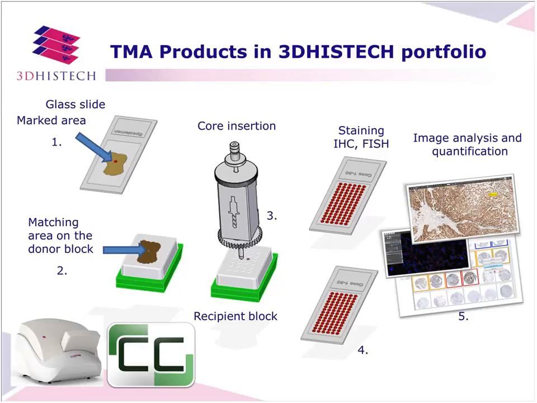For example, if you have one of our digital slide scanners, you can scan the glass slide. The scanned digital slide has several advantages. From the TMA point of view, the big advantage is that our TMA Control software is able to overlay the scanned and annotated digital slide with the donor block image.